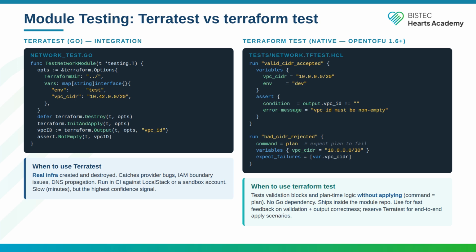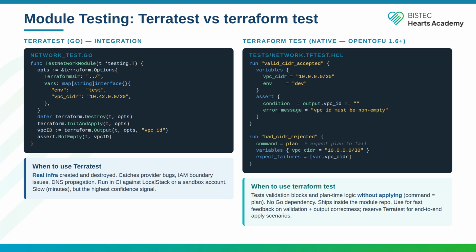Real infrastructure takes time to provision, and it requires cloud credentials, or a local mock like LocalStack. The native terraform test command added in OpenTofu 1 runs in process and supports mocking. It is faster and does not require cloud credentials for unit tests.